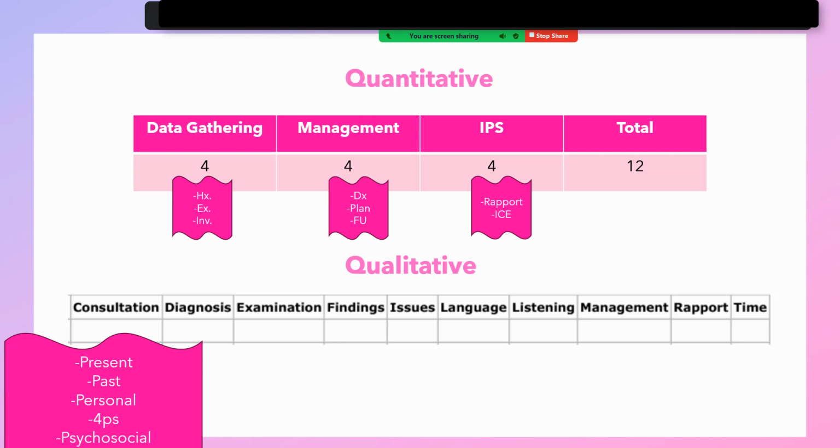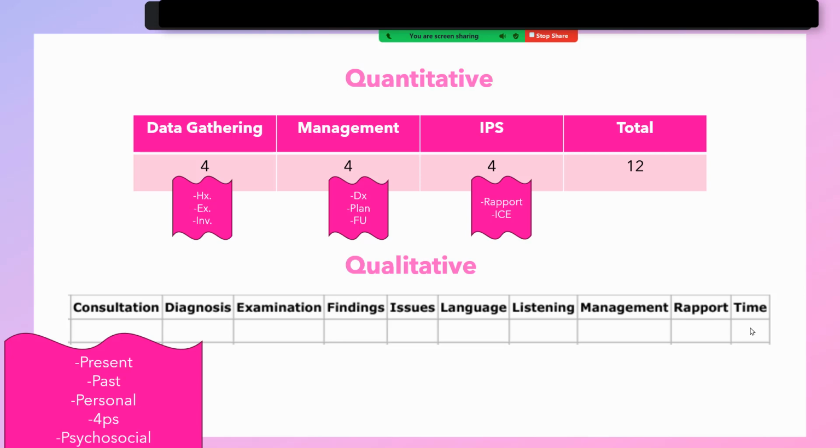Okay? Let's talk about time. The last thing is time. Time doesn't mean that you need to finish the station in 8 minutes. Time means that you need to finish the important points in history, examination and management in 8 minutes.